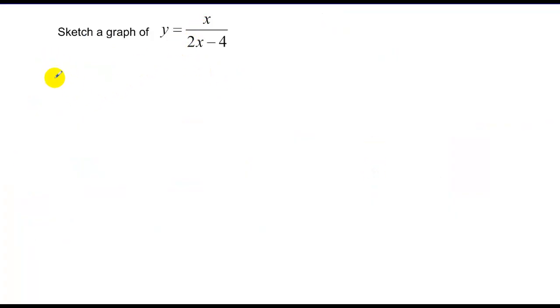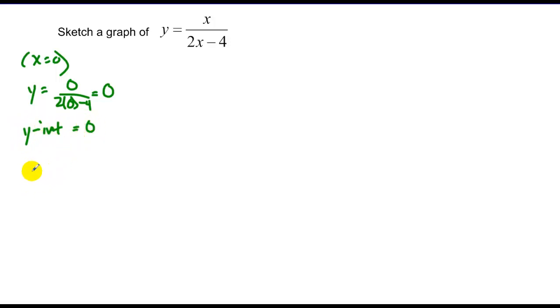Again, I'm going to go through and find my intercepts, set x equal to 0. In doing so, y equals 0 over 2 times 0 minus 4, or 0. So I have a y-intercept equal to 0.